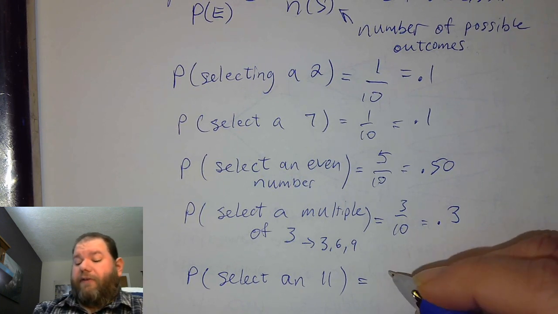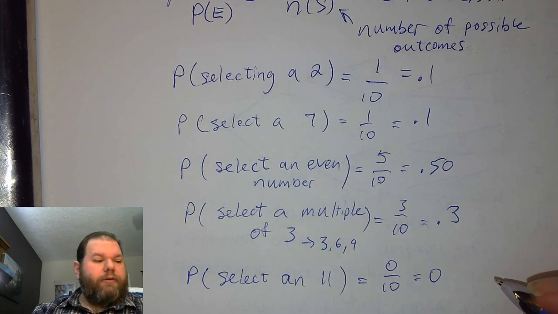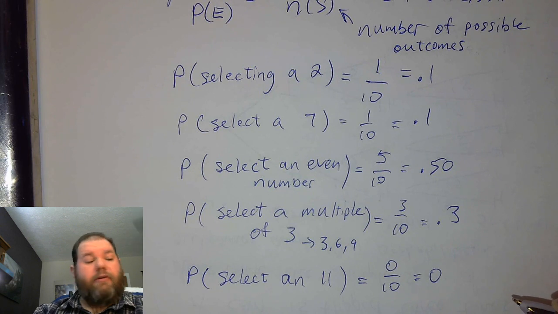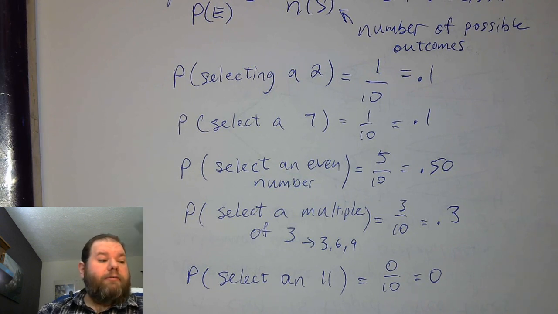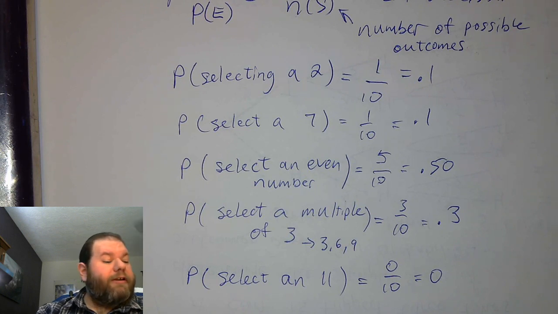There aren't any 11s in the hat. Therefore, this is what's called an impossible event. Essentially, it will never happen, at least the way it's set up. I mean, if we do pull an 11 out of this hat, then someone's got some explaining to do.